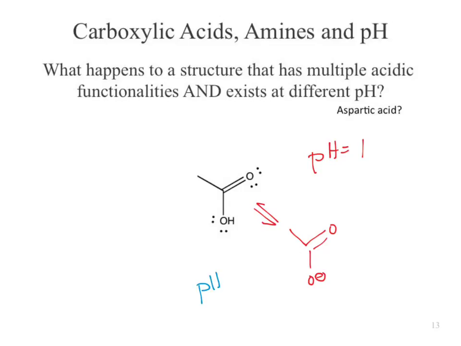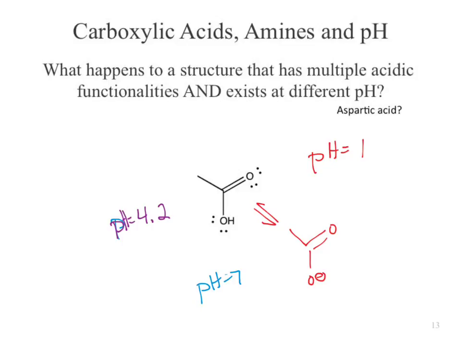What happens if I change the pH? Make it pH 7. I'm now going to shift towards the carboxylate form. How about I make it pH 4.2? Anybody know the pKa of a carboxylic acid?